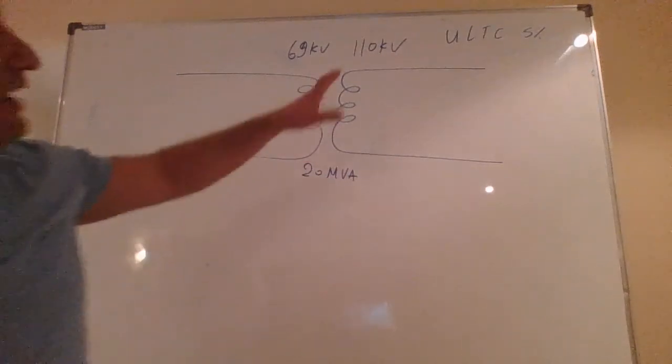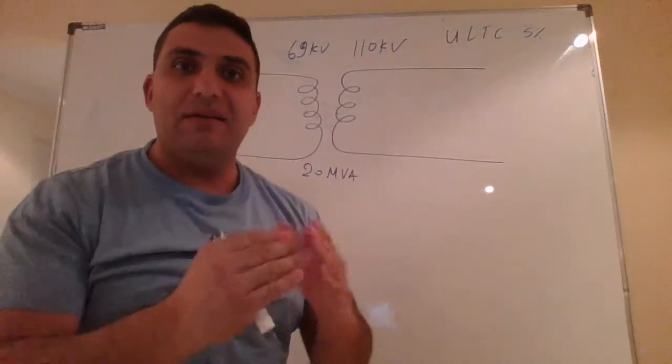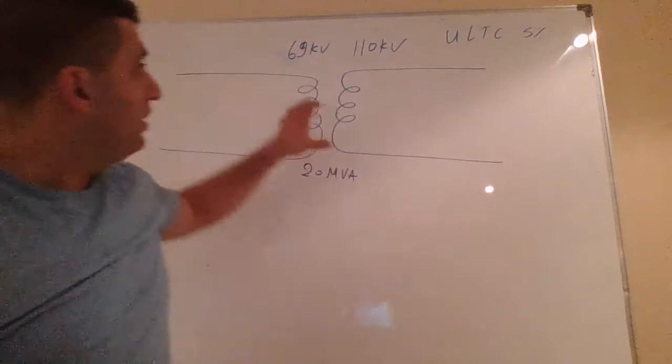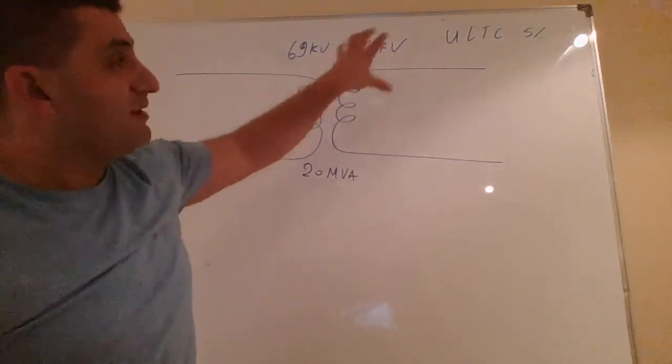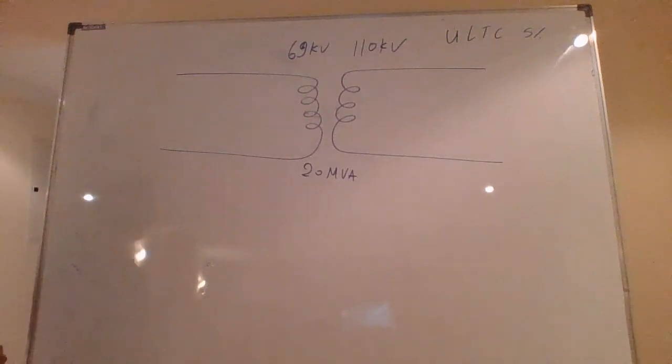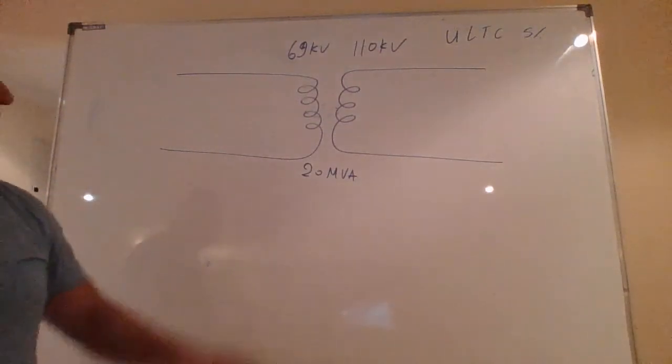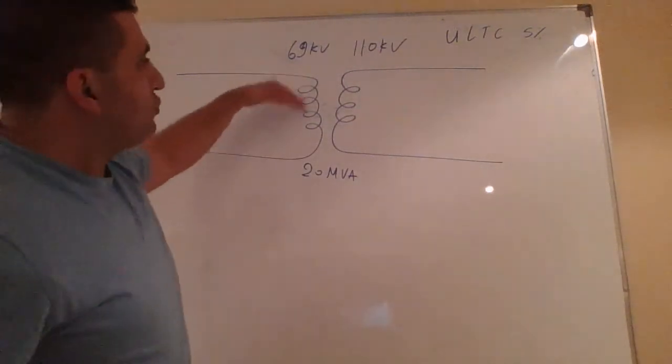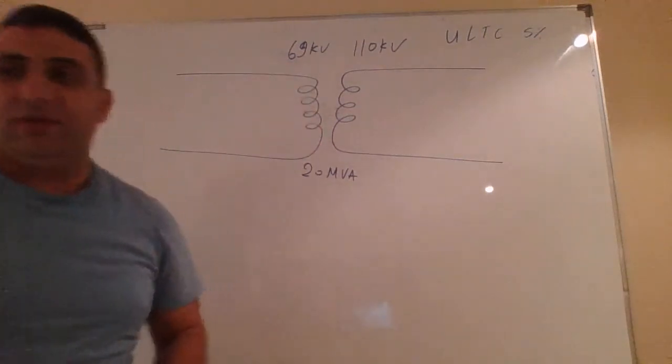What does this mean? That means the tap of the windings can vary by 5%, the tap of the actual winding within the transformer.